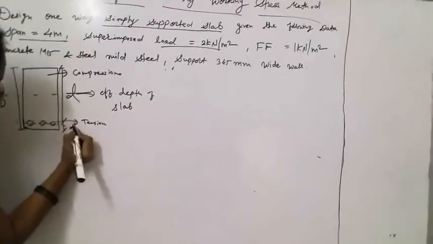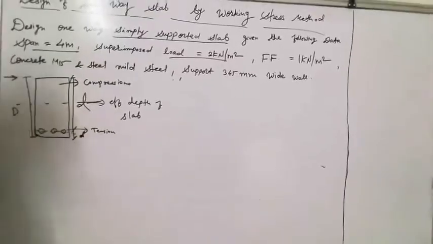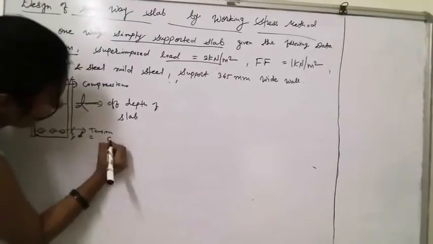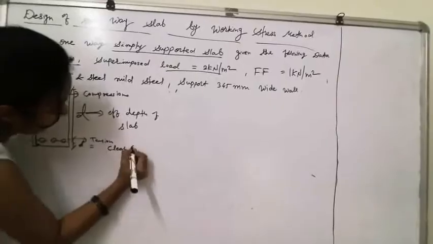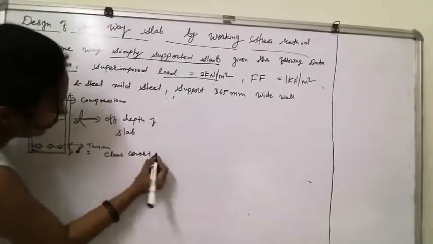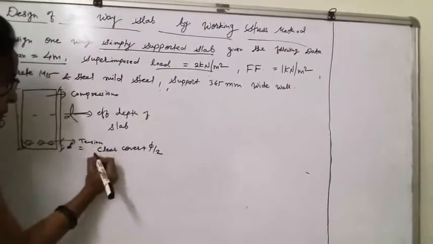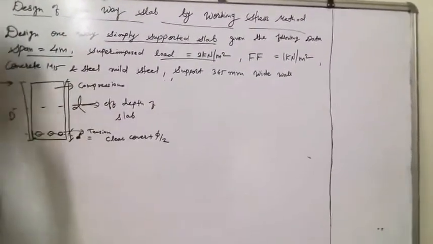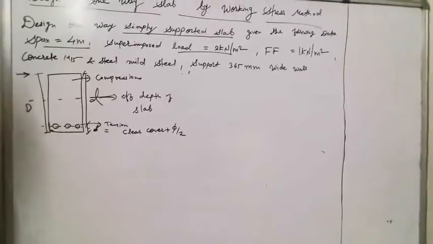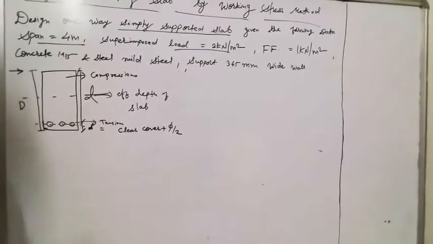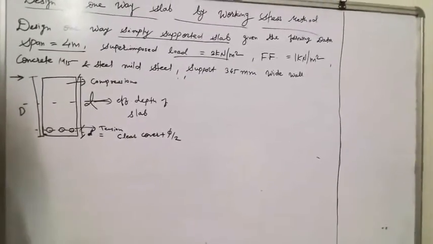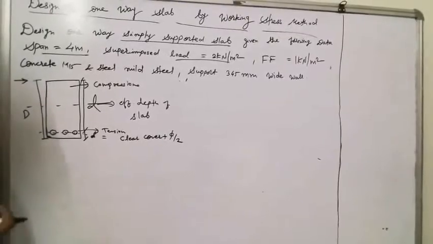And this one is d dash. What is the meaning of d dash? D dash is nothing but clear cover plus phi by 2. What is the meaning of clear cover? Cover means we are providing 15 mm, 20 mm or 25 mm cover.